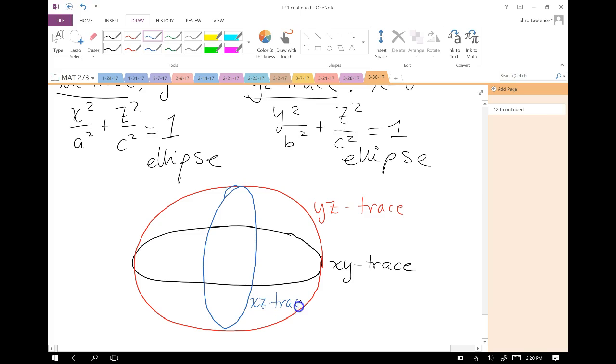So this one looks more like a sphere, but depending on the ABC values, any of these points can be stretched out to make this shorter and fatter or taller and skinnier. More like an egg shape or a football shape or something like that.